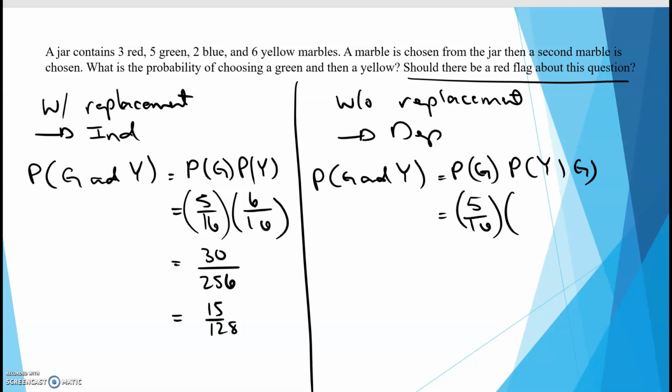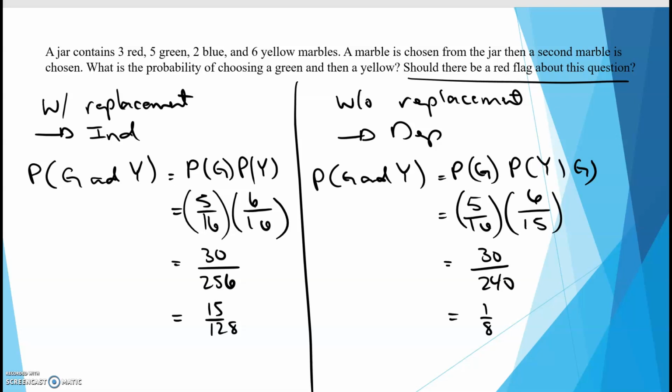Probability of yellow, given that we've taken a green marble out and didn't put it back in, will be 6 over, not 16, but 15. Okay, so now this is going to be 30 over 240, which will reduce down to 1 over 8.